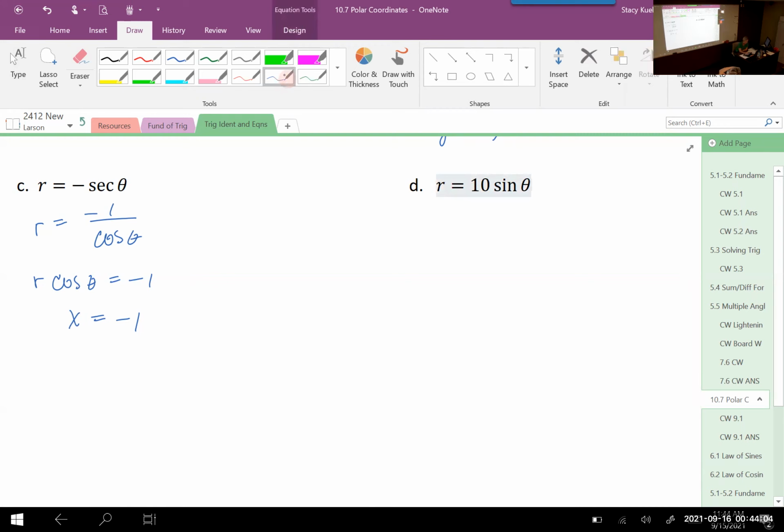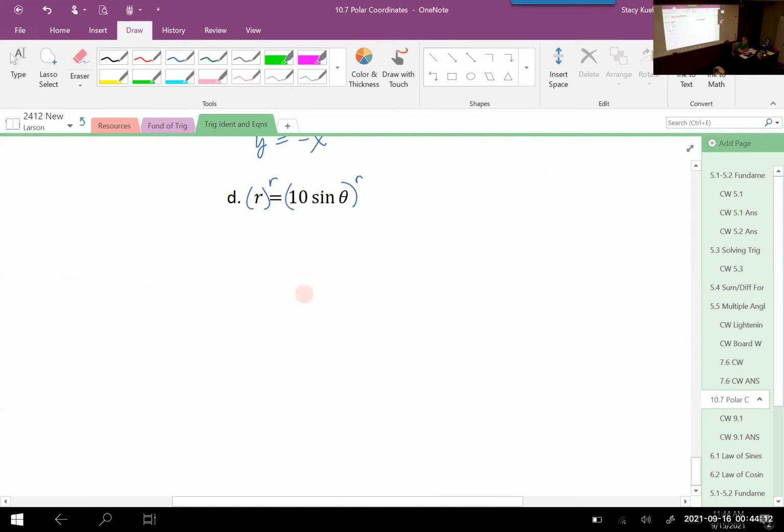I want to multiply both sides by r. This is going to give me on the left r squared, which is equal to 10 times r sine theta on the right. On the left, r squared is equal to x squared plus y squared. And on the right, 10 times r sine theta, which is y.